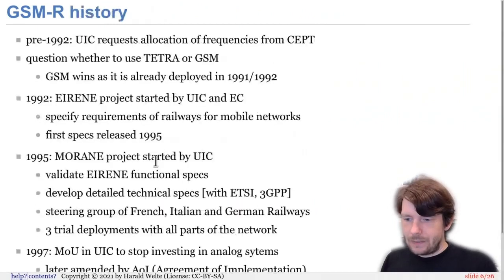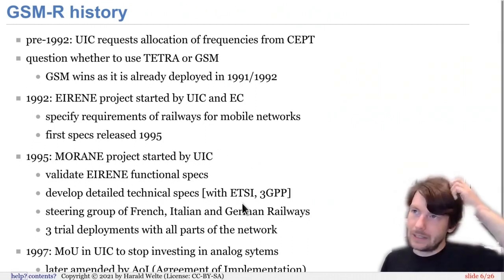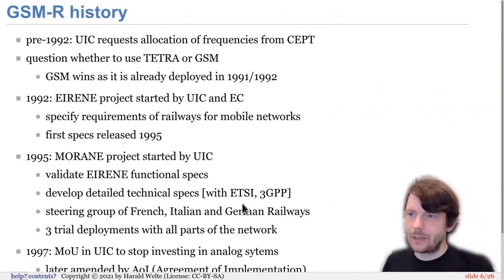There is also, maybe to go back there, I said this develop detailed technical specs. So a lot of the specs just sort of specify things that already existed before GSM-R, but then some bits were actually added to GSM with railway-specific requirements, and that is then where ETSI was involved to actually get those part as the GSM specs as we know them.